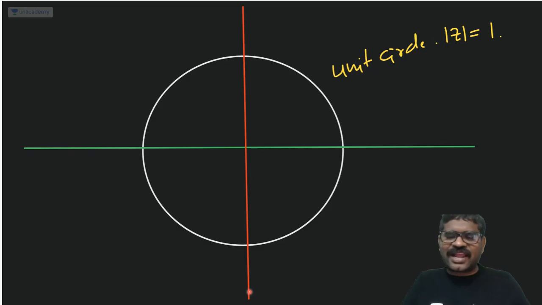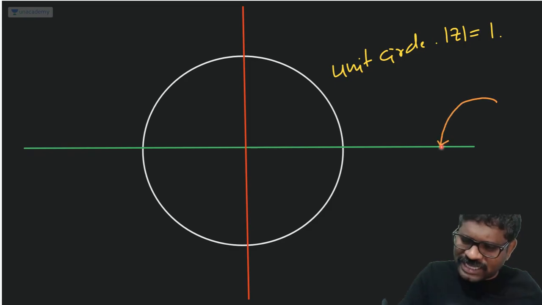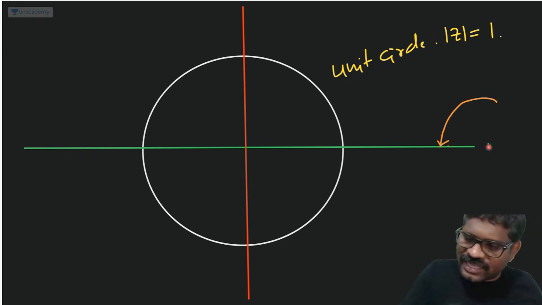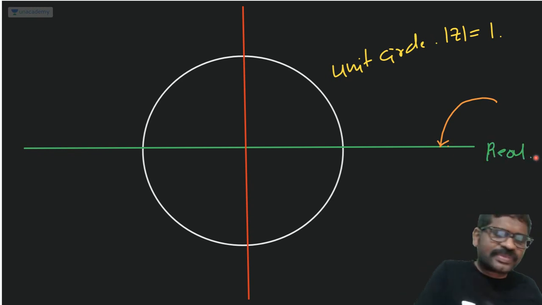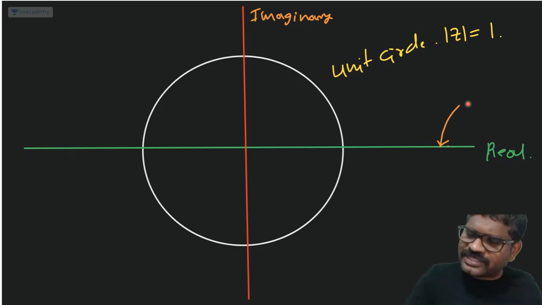For the circle, another color, just for your convenience. Please remember the eigenvalues of Hermitian matrix and symmetric matrix are always real. This is the real line. This is the imaginary line. This is the unit circle.